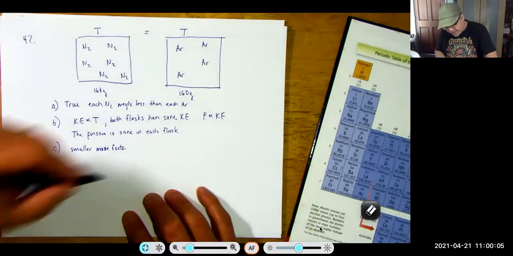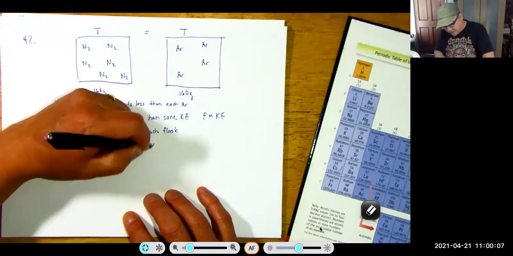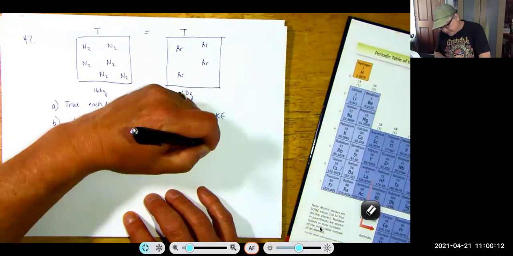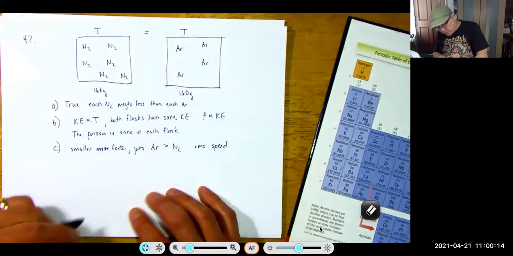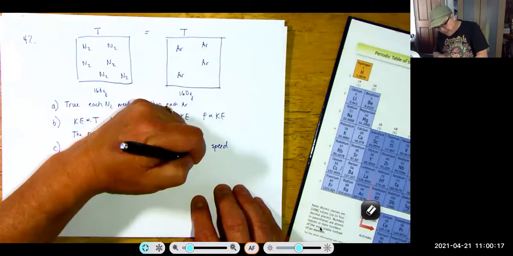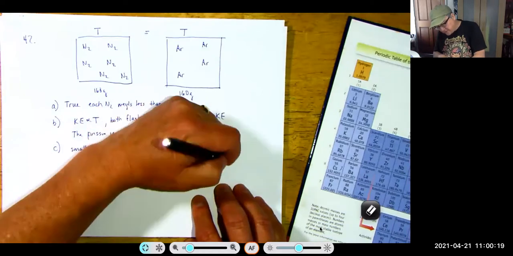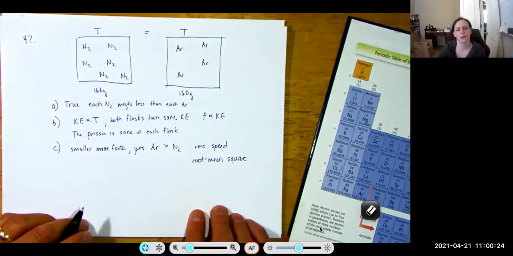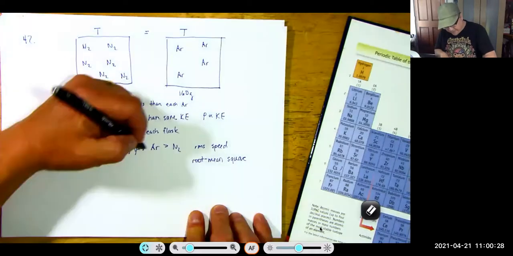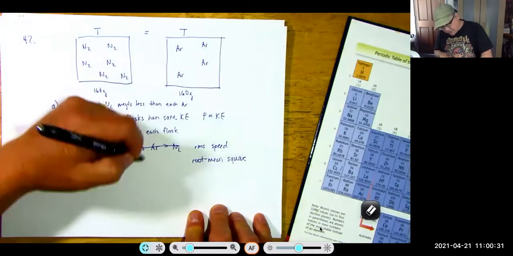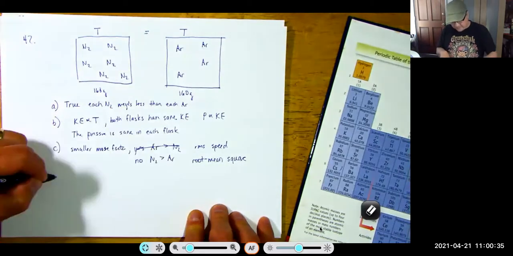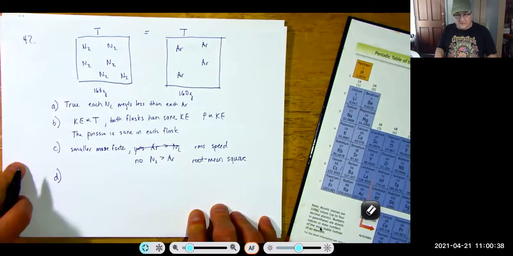So the answer is yes, argon is going to be greater than nitrogen for the RMS speed. RMS stands for root, mean, square. I thought nitrogen would be faster. Oh, I'm sorry. You're right. So no, nitrogen would be faster than argon. Thank you. See, you're learning.